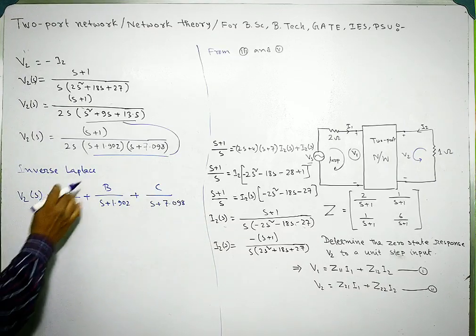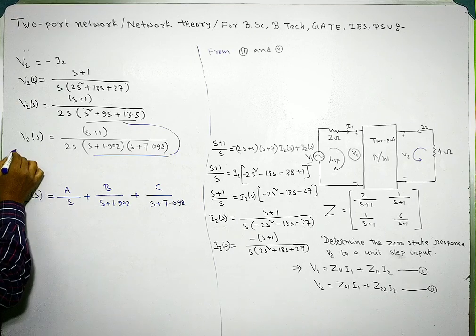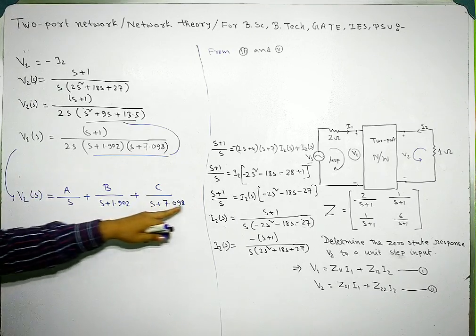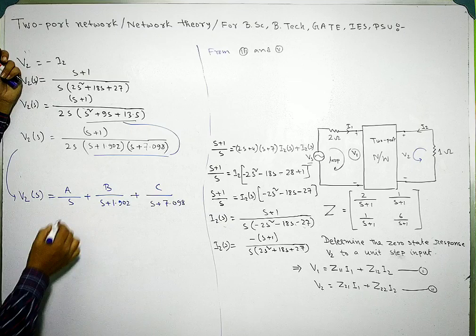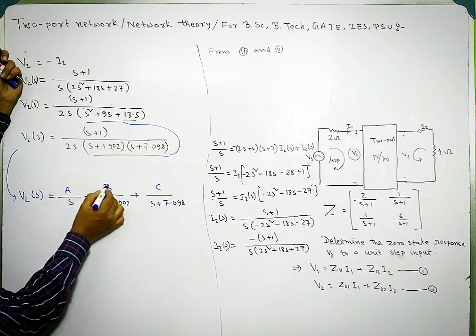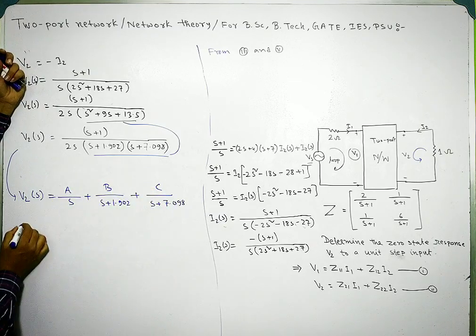You have to transfer this equation into this form. So how do we calculate the values A, B and C?